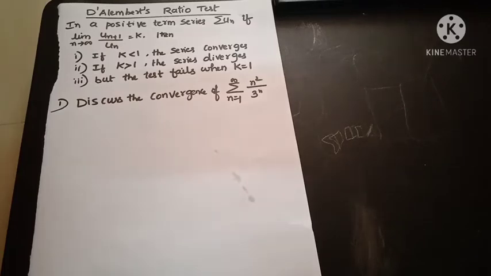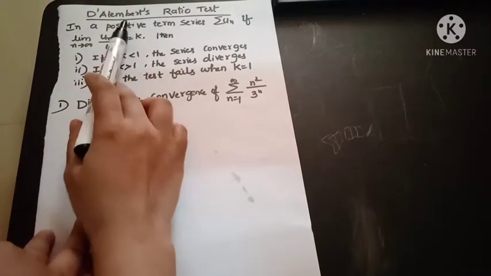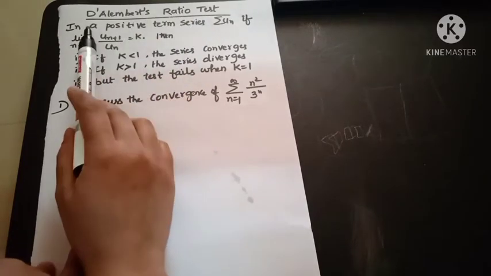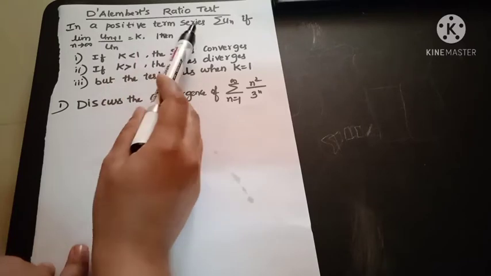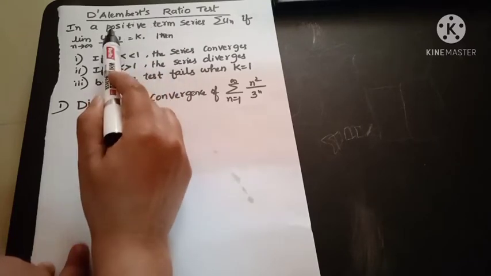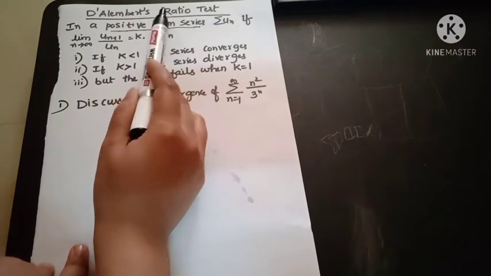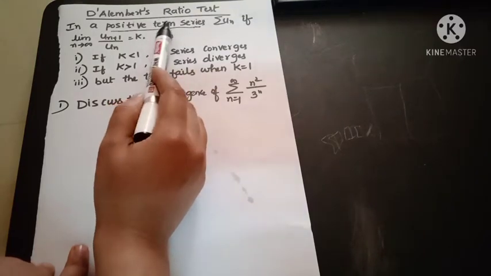This video covers the topic of D'Alembert's ratio test. The statement of D'Alembert's ratio test is: in a positive term series, the stress should be given to the words positive term series, because this test is only for positive term series.